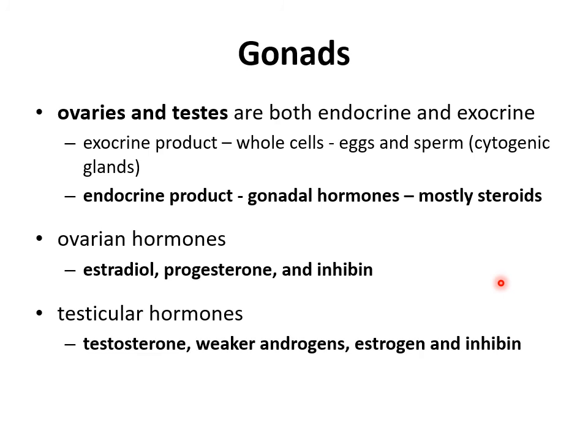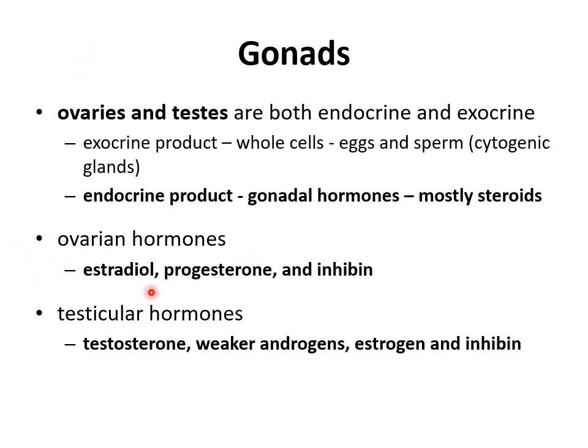And now finally, the last category of hormones are the hormones produced by the gonads, which are the ovaries and the testes. The ovaries and the testes serve as both endocrine glands and exocrine glands because they are producing hormones that are secreted into the blood that have global effects throughout the body, but they're also producing something through whole cells that are emptied directly into ducts rather than into the bloodstream.